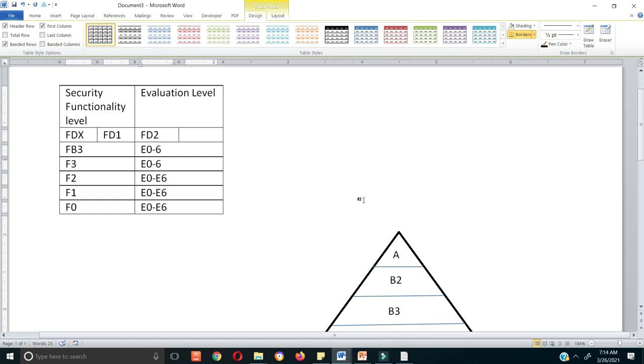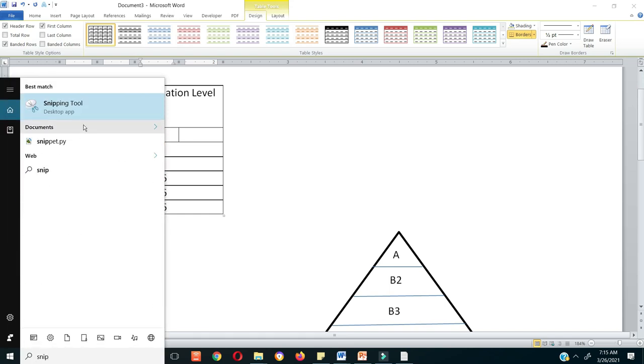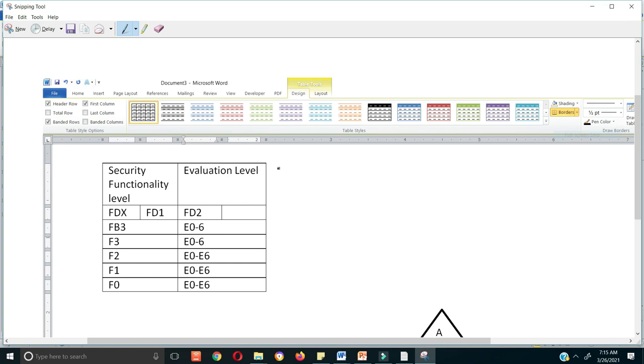So the key differences that you're going to have, let me just have them side by side.